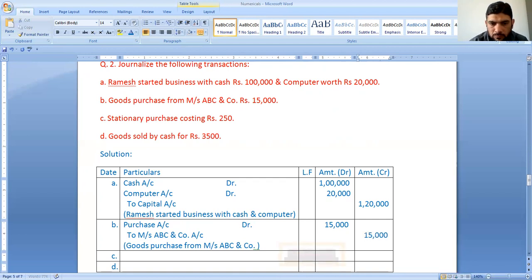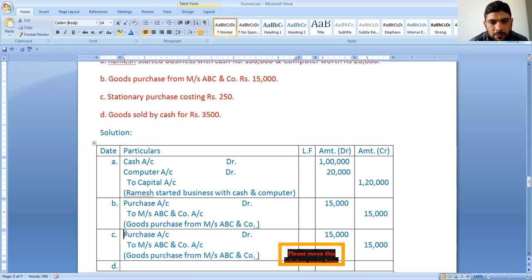Next transaction is stationery purchase costing rupees 250. So again we have made an expenditure in the form of stationery and a payment of 250 has been made. So stationery is an asset for the business.